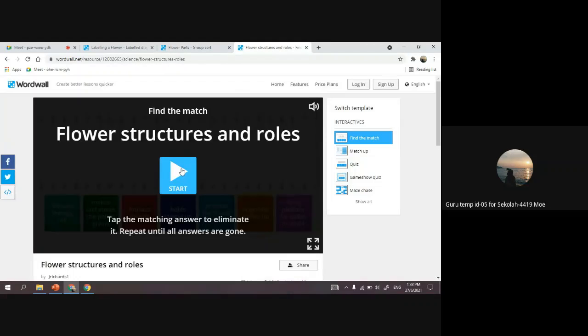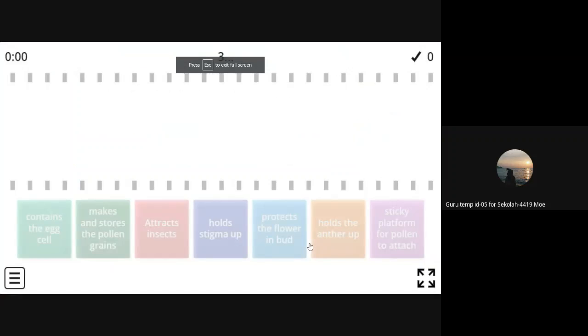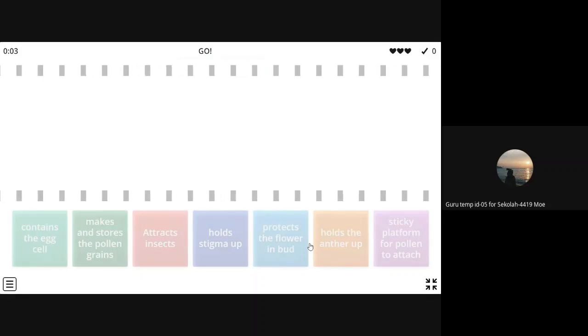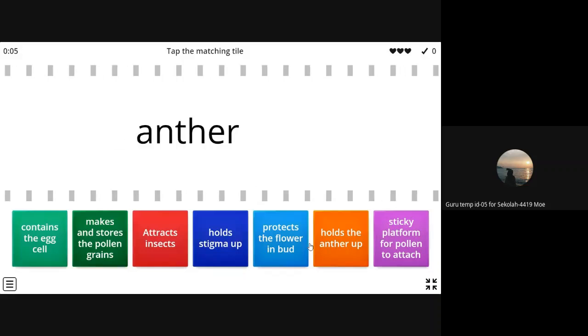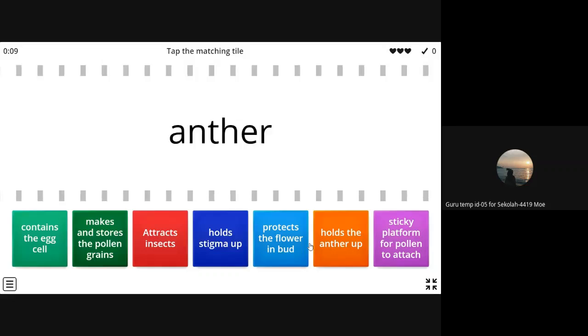So the last one. Okay, yang ni tak perlu bagi tahu jawapan, saya nak panggil nama, okay? So when I call your name, you can write your answer in the chat section or you can unmute your mic and tell me the answer. Okay, you can refer to your textbook.